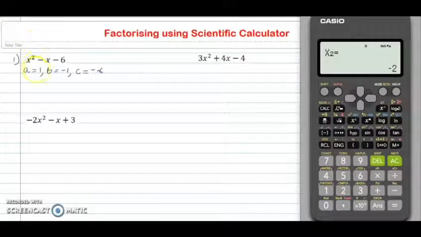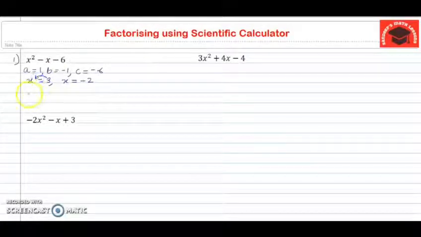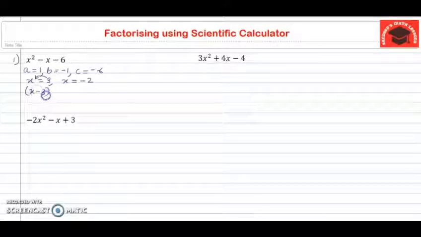So we get two values of x, two solutions or two roots. X is 3 and x is -2. So what we do is we take this 3 to this side and make it x minus 3.